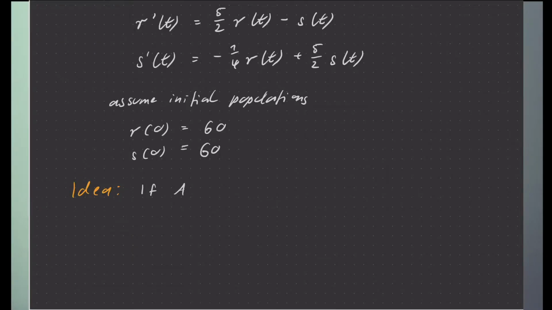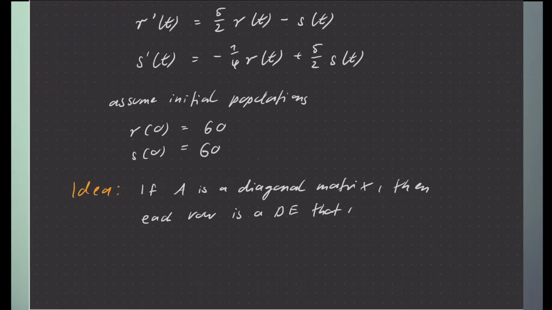So, if A is a diagonal matrix, then each row is a differential equation that is independent of the others, and that means we can just solve each of these rows separately.